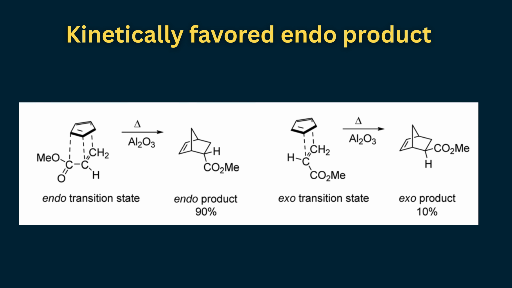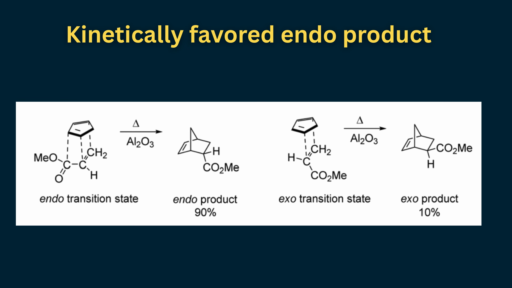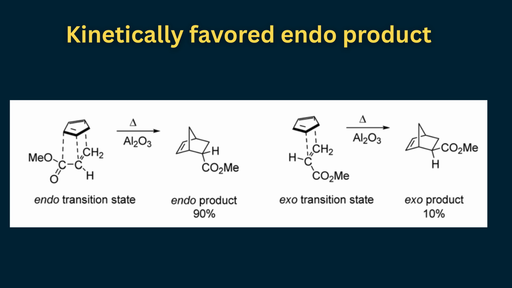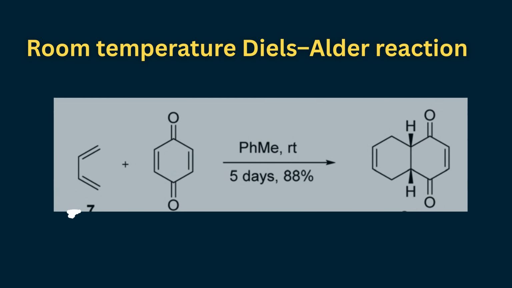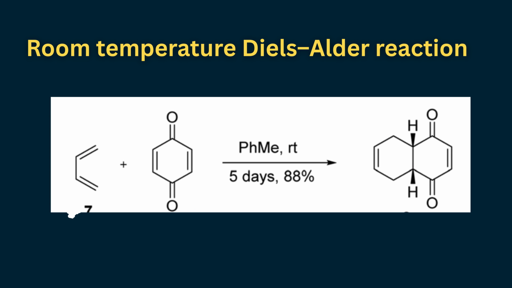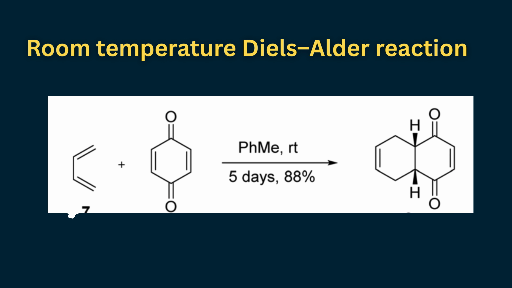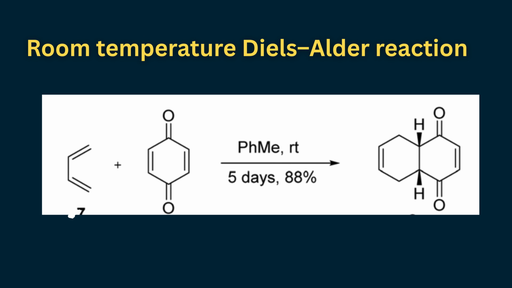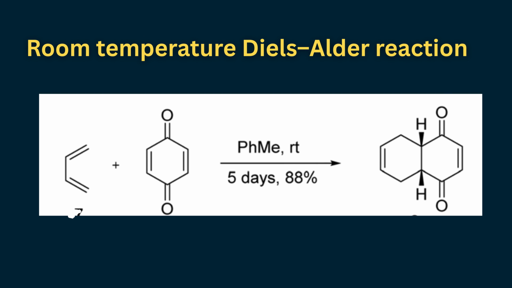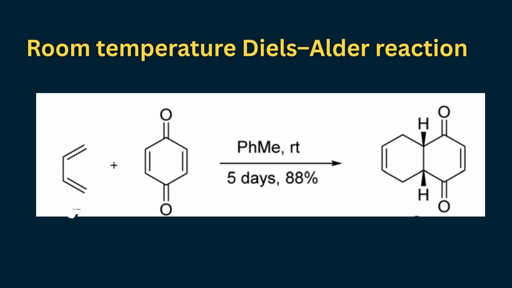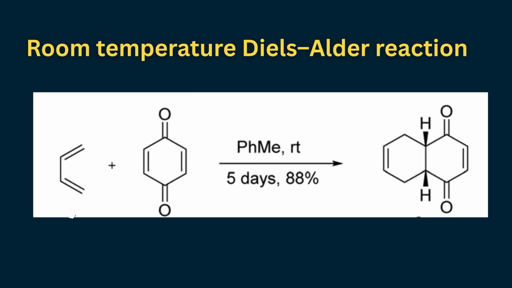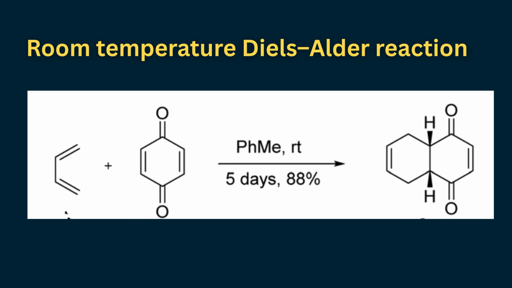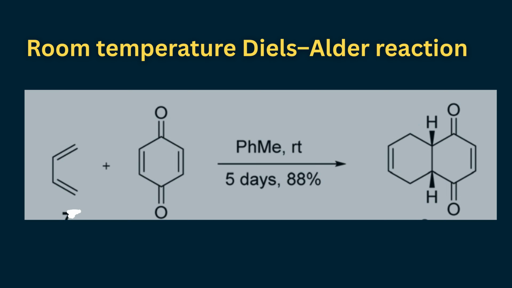The secondary interaction produced a kinetic endo product in a greater amount than the thermodynamically stable exo product. Generally, the Diels-Alder reactions were done under thermal conditions, but were accelerated by using Lewis acid catalysis. Moreover, scientists reported that the Diels-Alder reaction can proceed at room temperature in quantitative yield by making the diene more electron-rich, or the dienophile more electron-deficient.